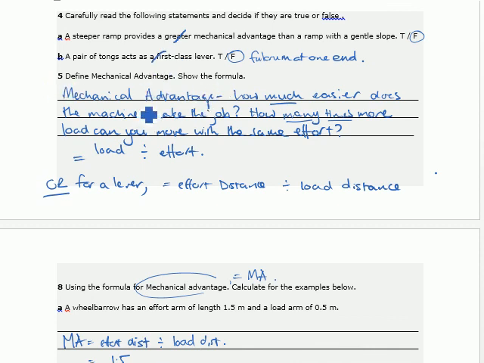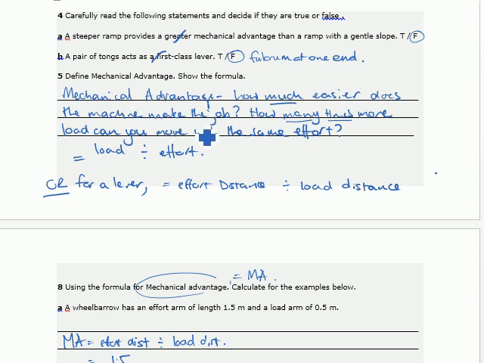Mechanical advantage just means how much easier the machine makes the job. If it makes it 3 times as easy, the mechanical advantage is 3. If it actually makes it harder, the mechanical advantage will be a really small number, like 0.5 or 0.2 or something. But if the number is big, it means you get a bigger advantage.